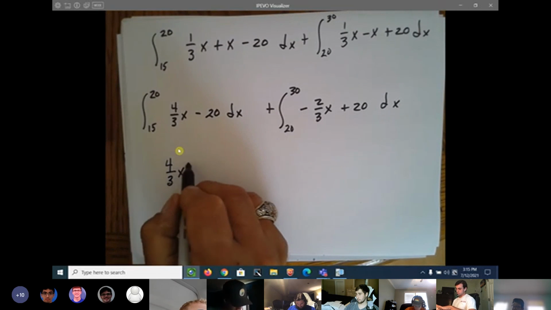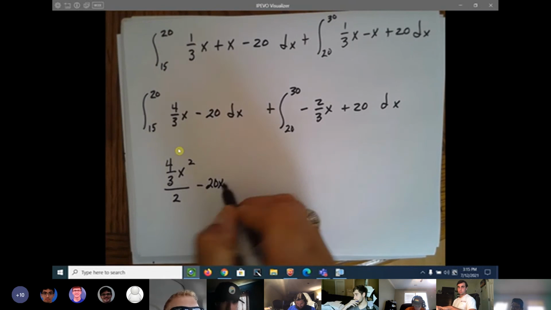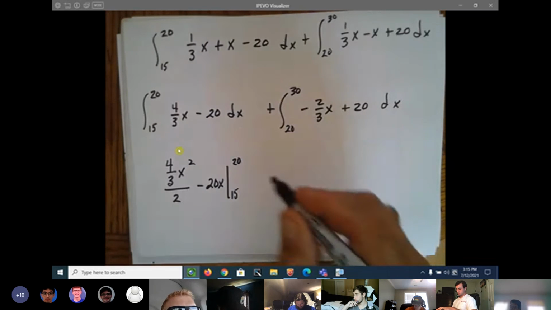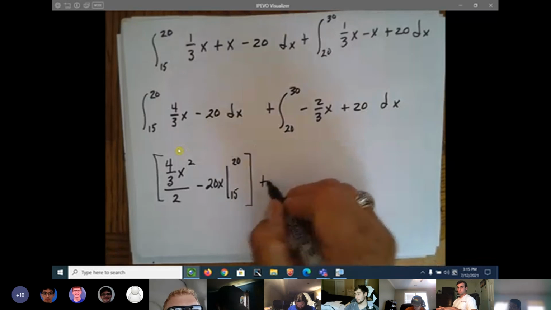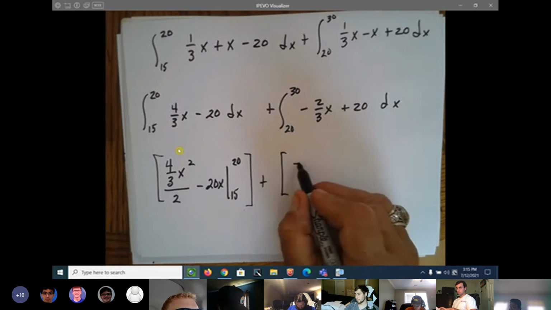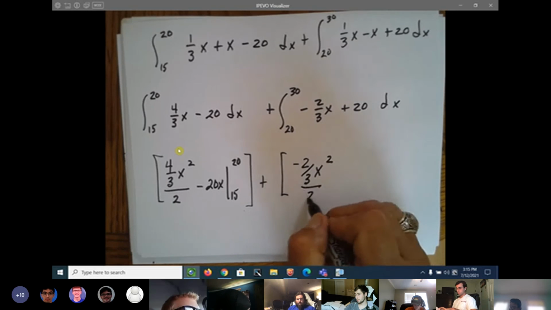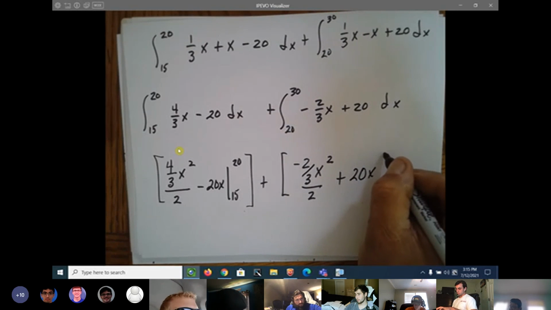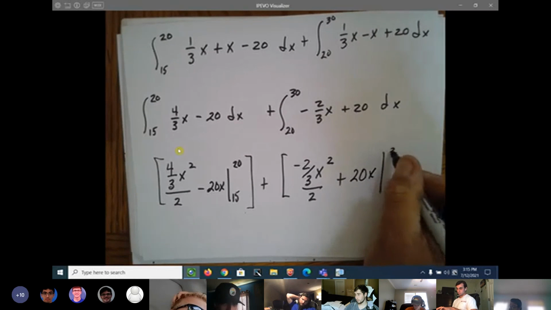So 4/3 x squared over 2 minus 20x evaluated at 15 and 20, plus negative 2/3 x squared over 2 plus 20x evaluated at 20 and 30.